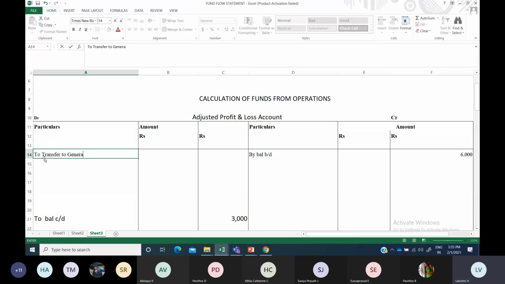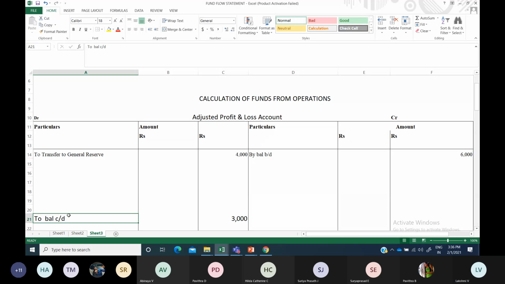If you have any goodwill written off or general reserve, then those items only will come here. So accordingly you leave space, allocate space, and mention the closing balance, because this item should not come in front and other items should not come at the back. Closing balance should come only at the end. So leave space accordingly. So transfer to general reserve 4,000.